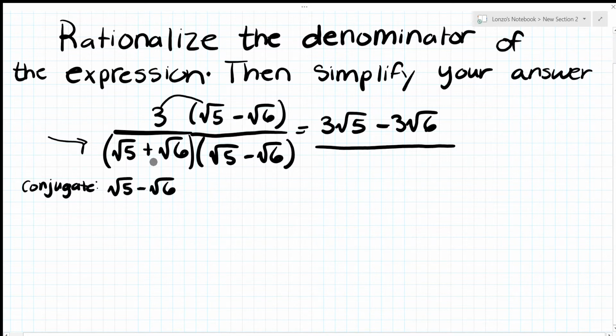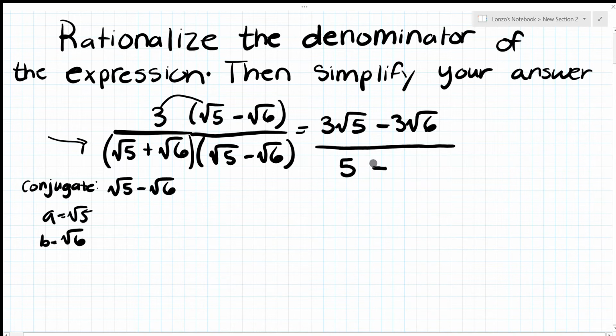This one is also a perfect square, so what would be our a? Square root of 5, and my b is square root of 6. So this perfect square is a squared minus b squared. What is a squared? Well, a is square root of 5, and if you square that, it would be just regular 5.